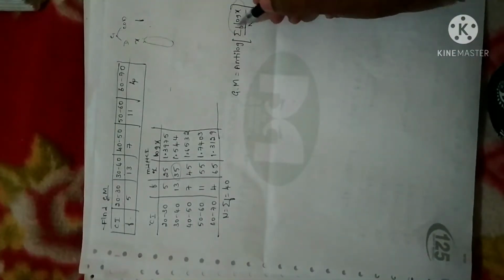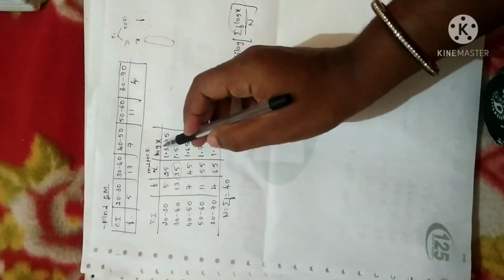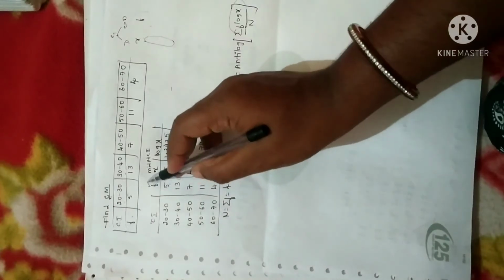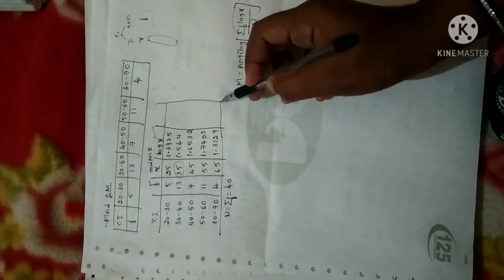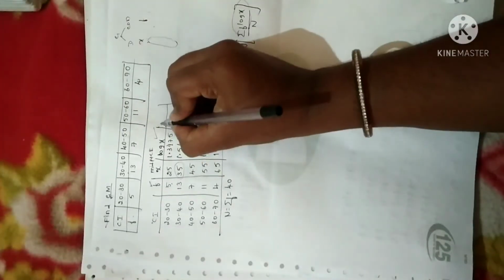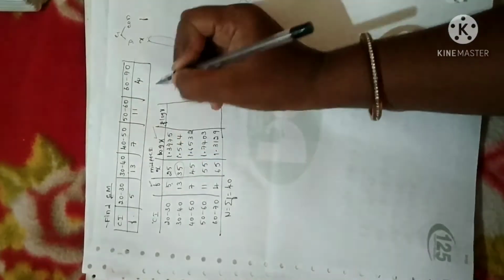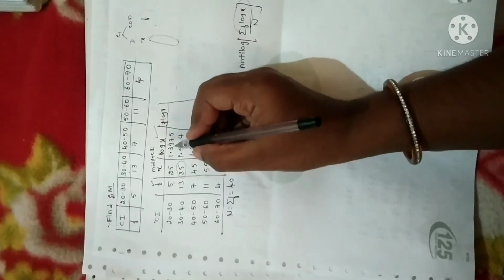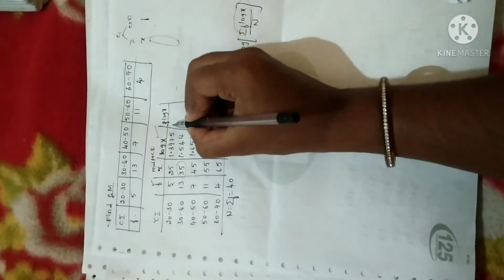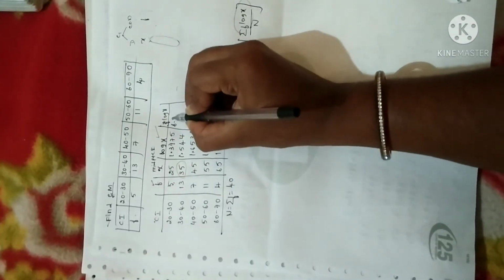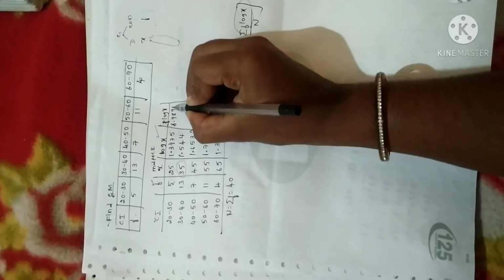Now what I have to find is f into log x. We have f values here and log x here. You have to multiply the column f with log x, taking care of the columns. So f is 5, and 5 into 1.3979 gives us 6.9895.